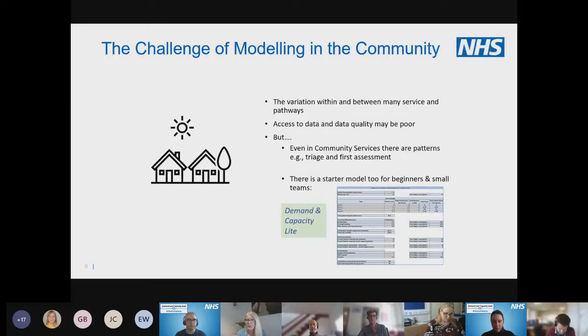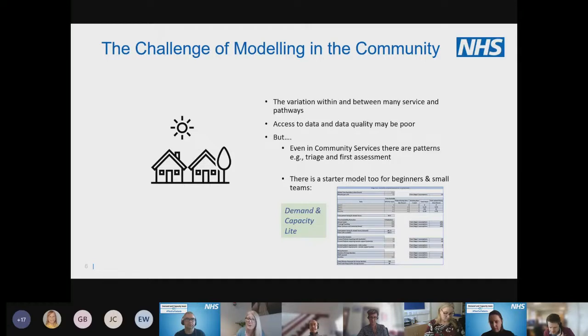In the community, people think that demand and capacity modelling is difficult because there's quite a lot of variation in the way that services are delivered, but that's not the case with this model at all. The other concern is access to information and data. People are often worried that they don't have the data required to run a model of this level, and that it's difficult to get.